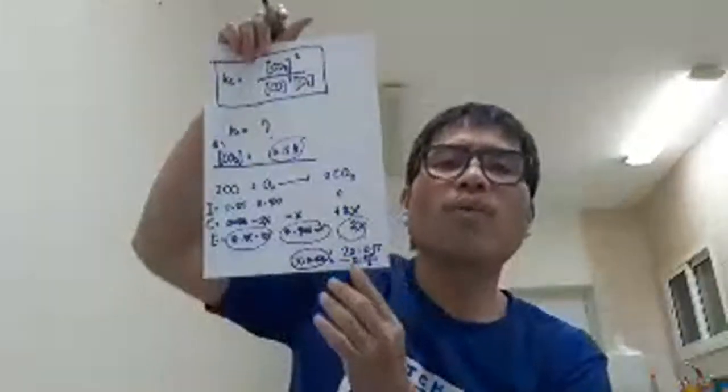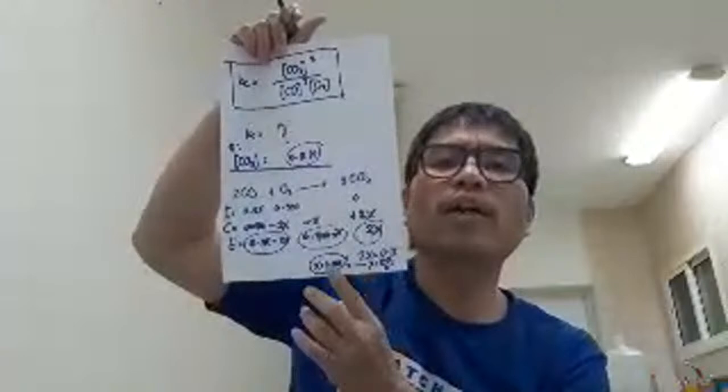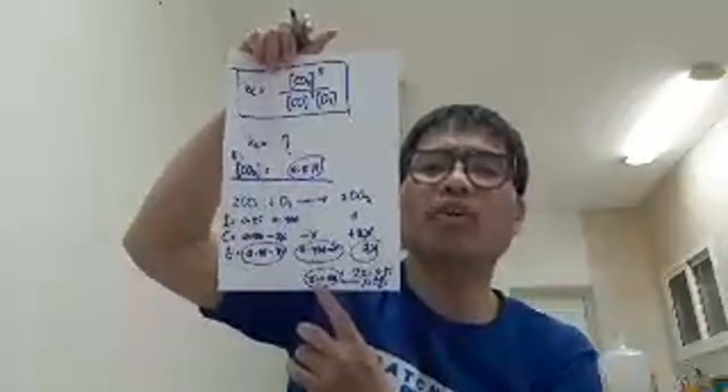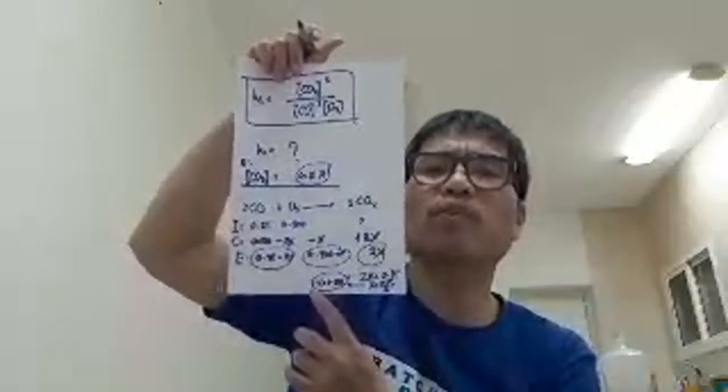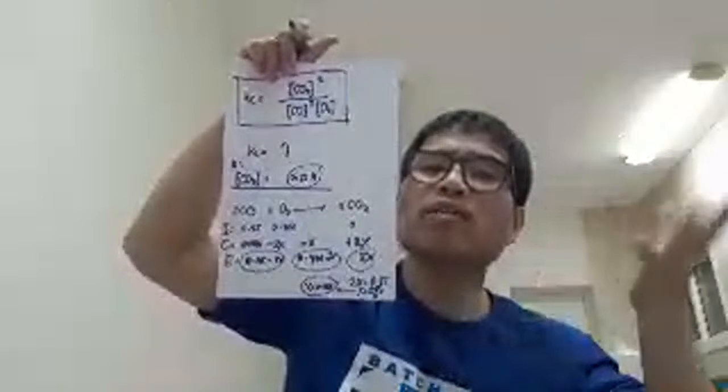After getting x, it will be substituted to all the x's and then all will be solved. 0.15 divided by 2 is equal to 0.075. Our x is 0.075, the molar concentration that we assumed in order to compute for the equilibrium concentrations of the products and reactants.